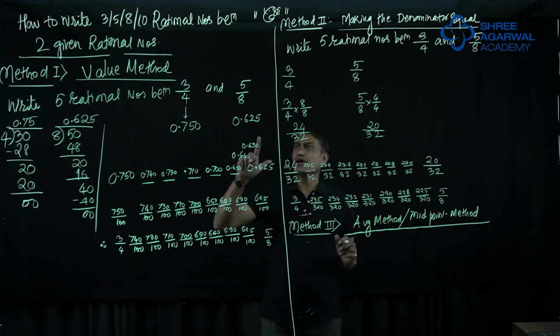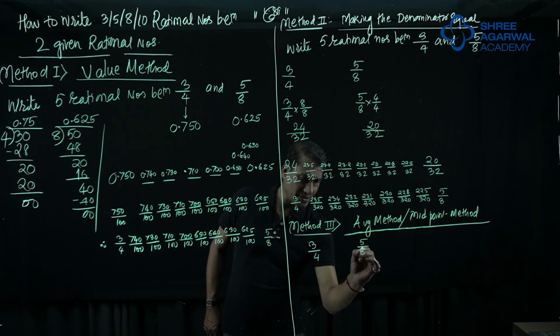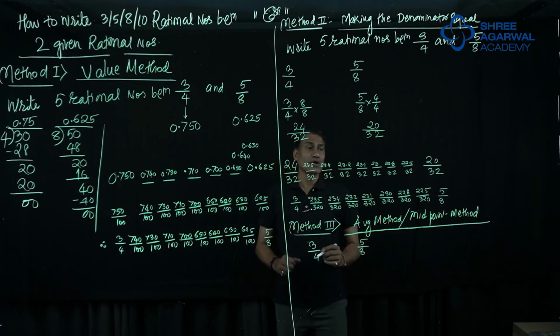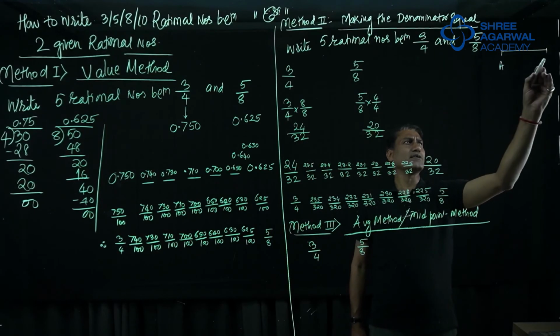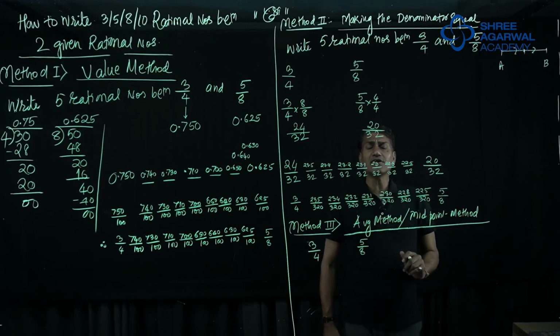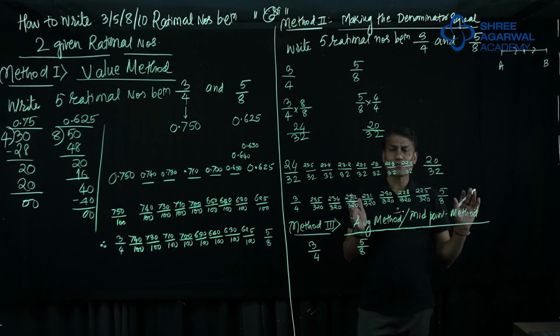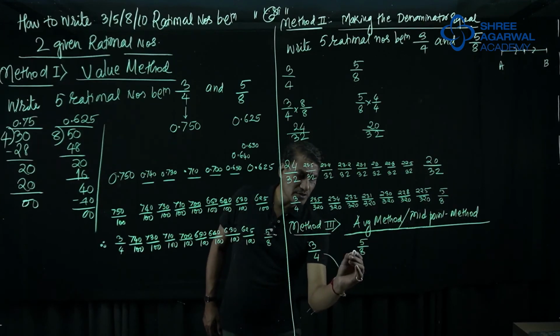Now suppose we take the same numbers 3 upon 4 and 5 upon 8. If we are having a segment AB, then the midpoint of the segment will surely lie between the extreme endpoints. So if these are the two extreme endpoints, what will be the first number between them?